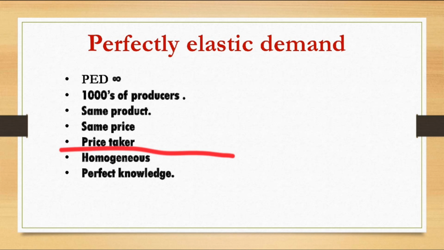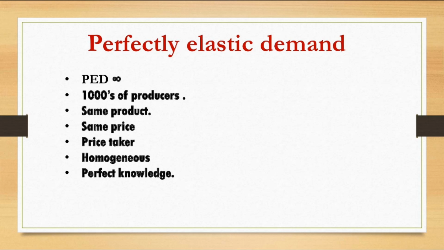Why does it happen? Because they are selling a homogeneous product, and everyone has perfect knowledge. The producers also have perfect knowledge of what price the market is at, so they have to charge according to that. So they cannot charge above the price that has been set.